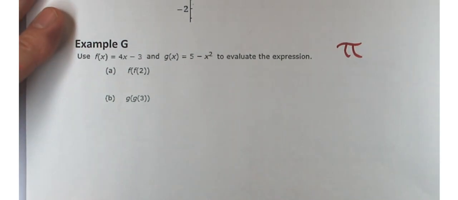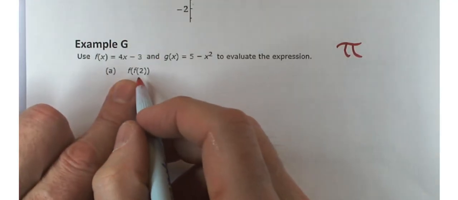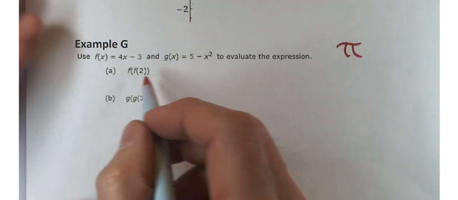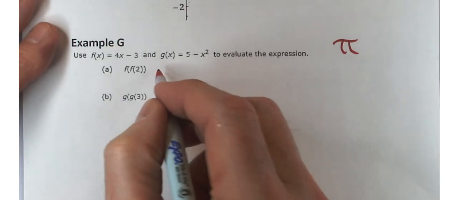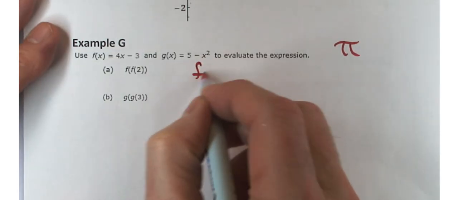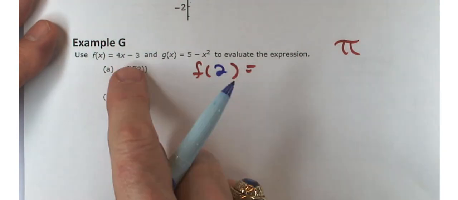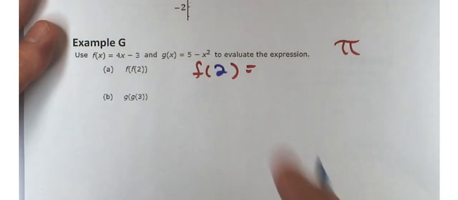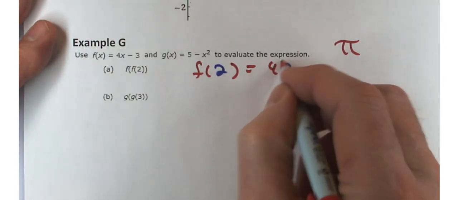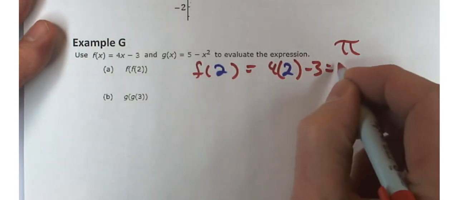But let's take a look at f of f of 2. So we'll start by finding f of 2. They're just asking you to take a 2 and put it into the function. So it's going to be 4 times 2 minus 3, which gives you 5.